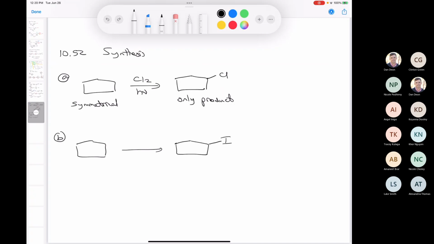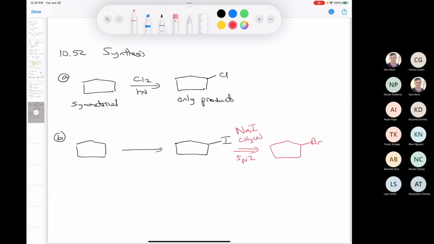It's a weak base. It's actually a very good nucleophile. And so in terms of retrosynthesis, if we had the bromide, all we would have to do is treat that with sodium iodide. Since it's an SN2, you could pick a polar aprotic solvent like acetone or acetonitrile. You don't have to, but you could, because this is just an SN2 reaction.